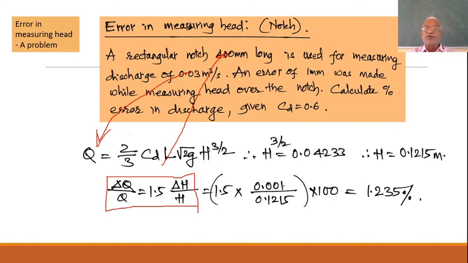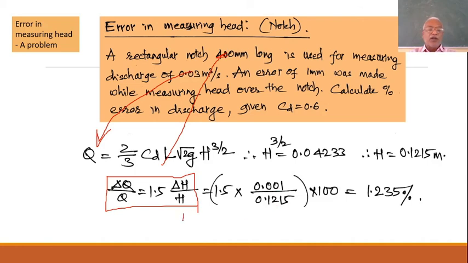It is said 0.001 or 1 mm, and this head is 0.1215, and if I substitute Q as 0.03 and simplify for delta Q by Q, it is 1.235%. Calculate percent error, not actual discharge error. So this becomes 1.235% of error.